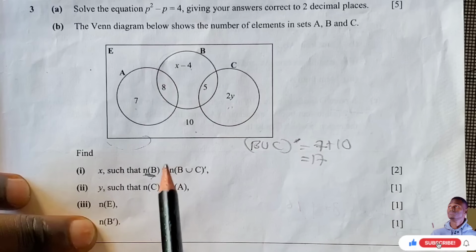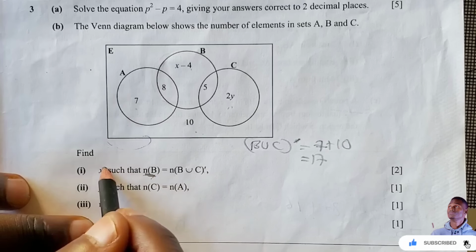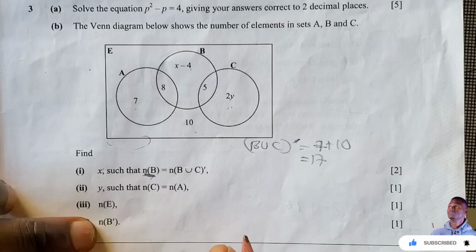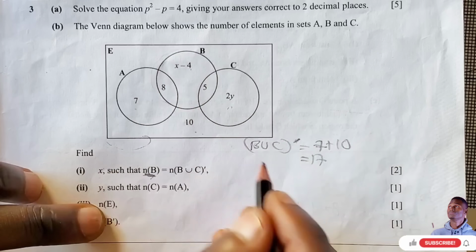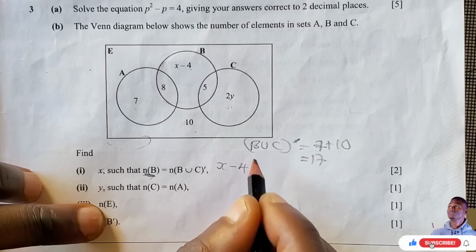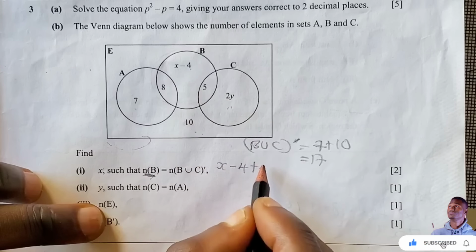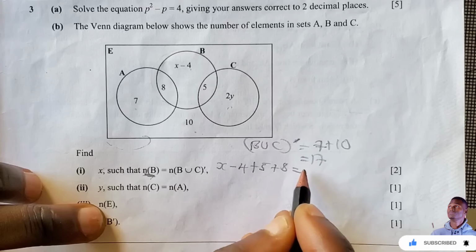So find the value of x. It is very simple. We're going to say everything in B: x minus 4 plus 5 plus 8 is equals to 17.